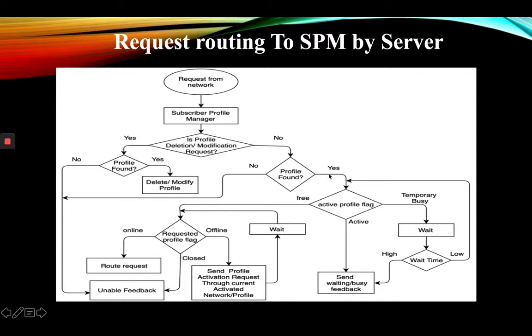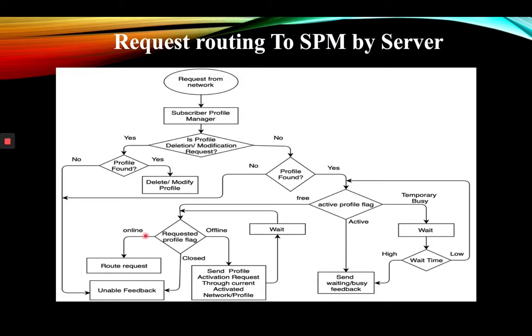When it gets the profile, it again checks whether the profile is active, temporary busy, or free. It checks the active profile flag, which has 3 statuses: active, free, and temporary busy. When it gets the free flag, it checks the requested profile flag, which also has 3 statuses: online, closed, or offline.